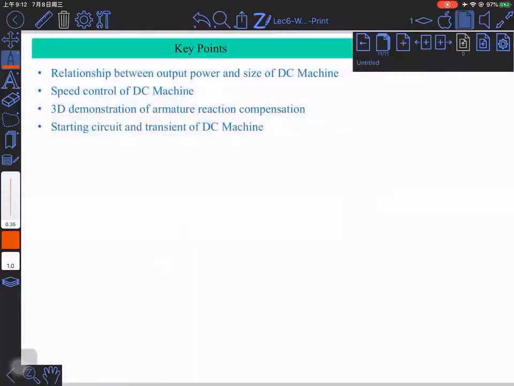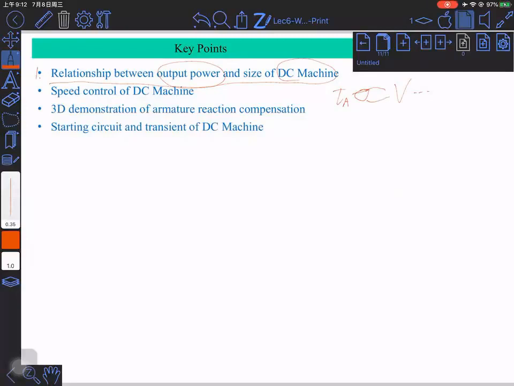This is the transient analysis, and let's summarize what we have learned today. Firstly, we looked at the relationship between the output power and the size of the DC machine. We realized that the developed torque of the machine is proportional to the volume and several other factors, for example, the flux density.